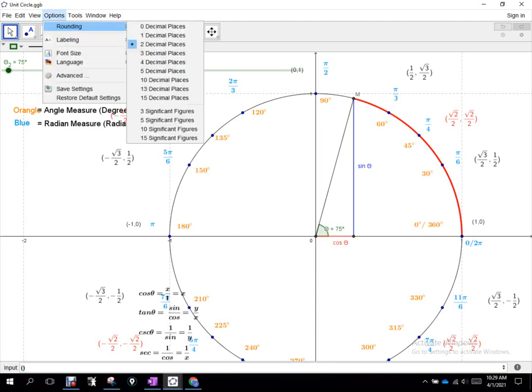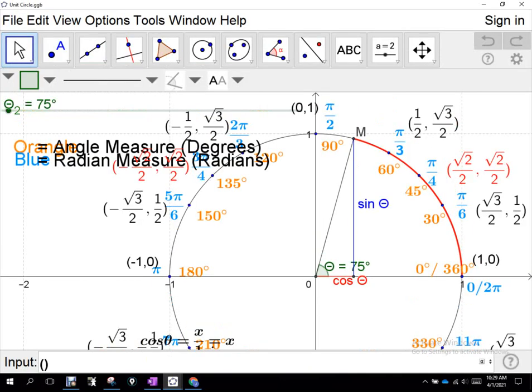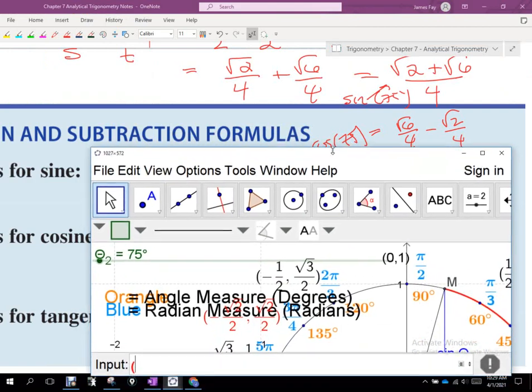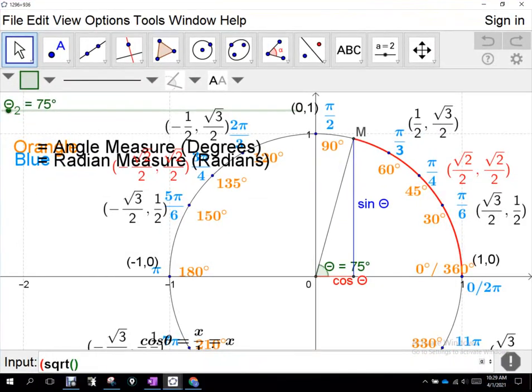I know it's kind of small, so let me see. Okay, so I'm going to go to the ordered pair. I want the cosine. We said the cosine was 6 minus 2, right? So square root of 6 minus the square root of 2 all over 4.